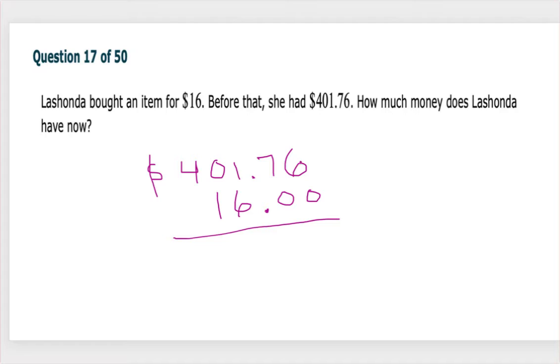Now we're subtracting, right? 6, decimal. And 1 minus 6 doesn't work, so we have to go way over here. Make this 10 and 11. 11 minus 6 is 5. 9 minus 1 is 8. 3 minus 0. Okay, so $385.76.